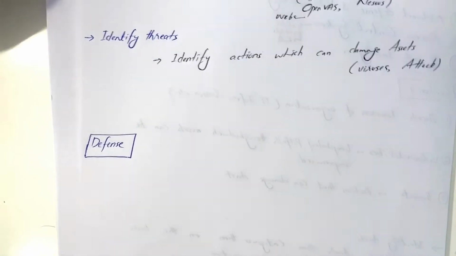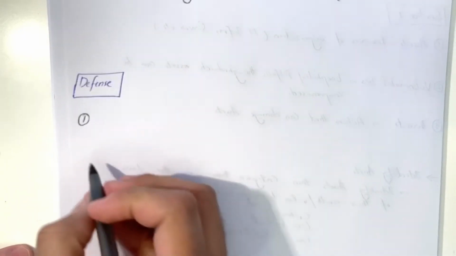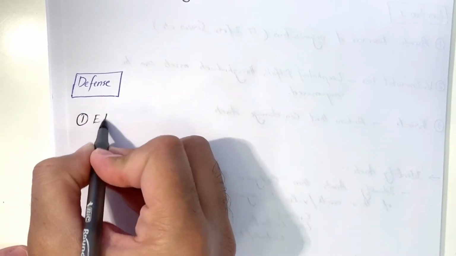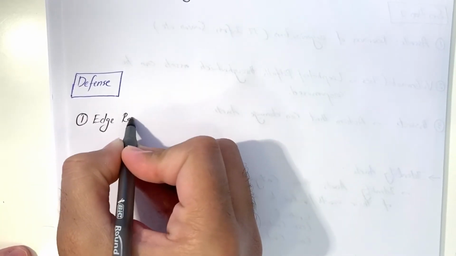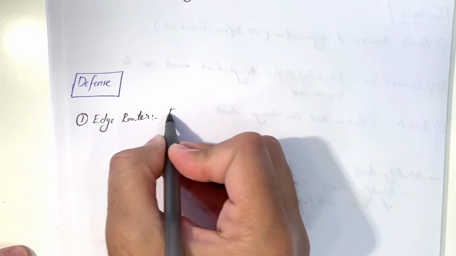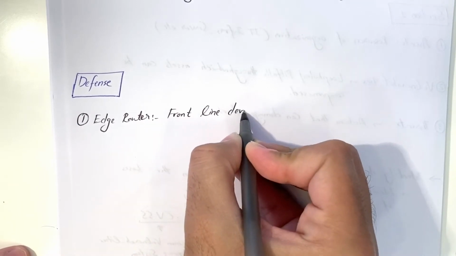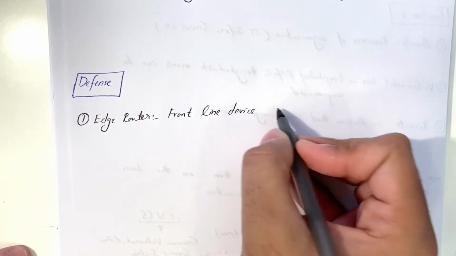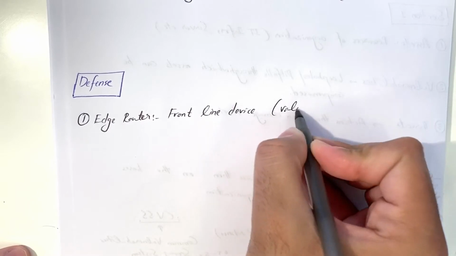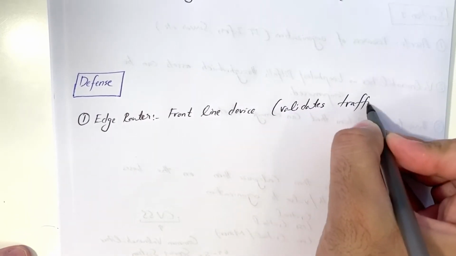Now the defensive strategies. In order to defend, we mainly use three main network devices. One is the edge router. The edge router is basically a frontliner, or you can say a frontline device. It validates traffic, or you can filter the traffic as well.